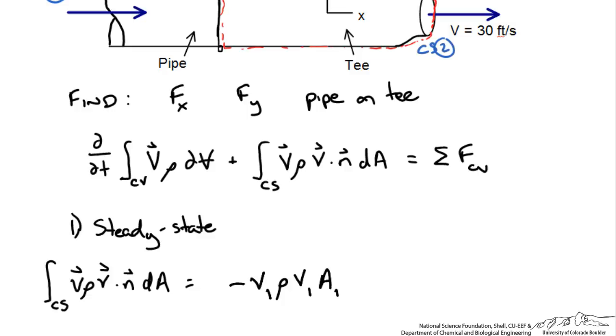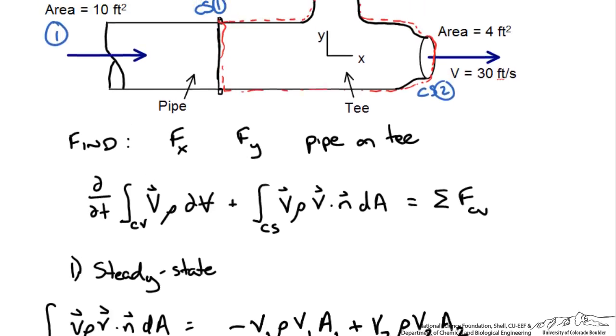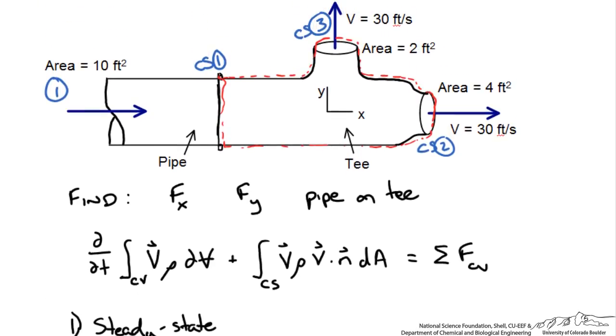And for momentum leaving out on the other side is going to be positive. We'll do the same thing, but this time use the velocity at 2, rho V2 A2. And we don't have to worry about the control surface at 3 because that's only in the Y direction, and right now we're only concerned with our X components.